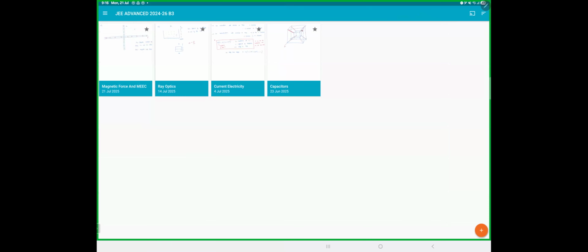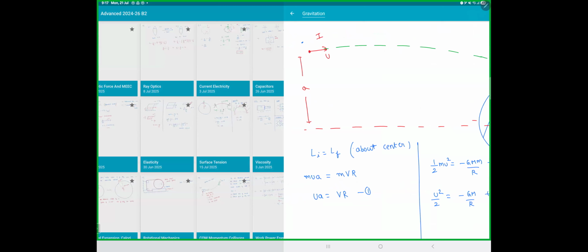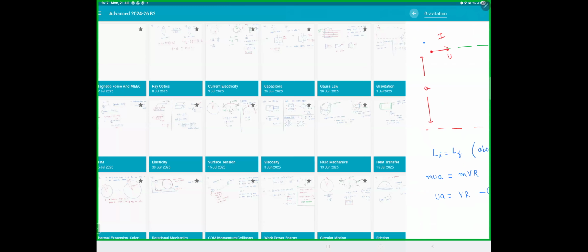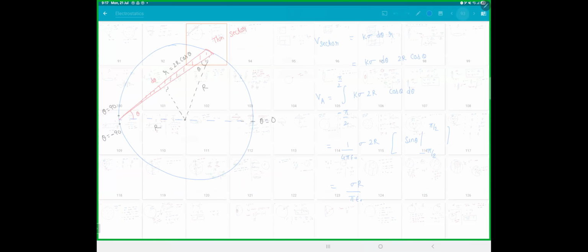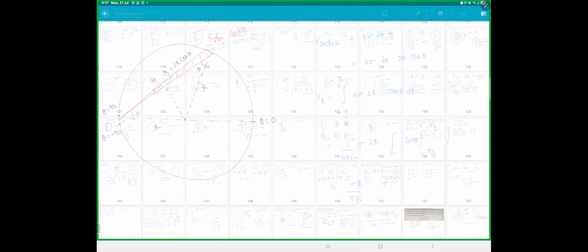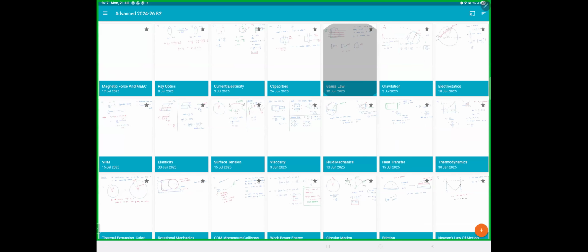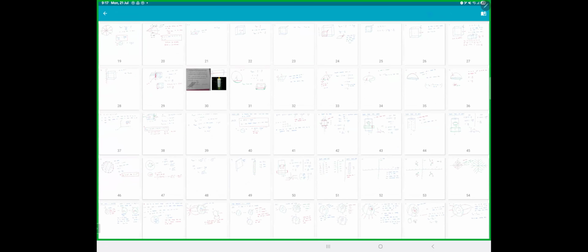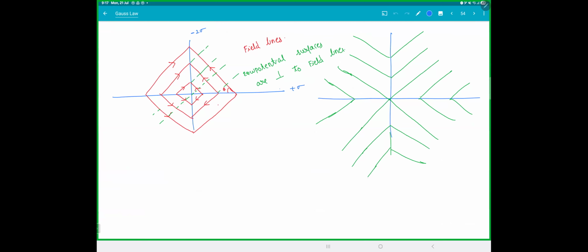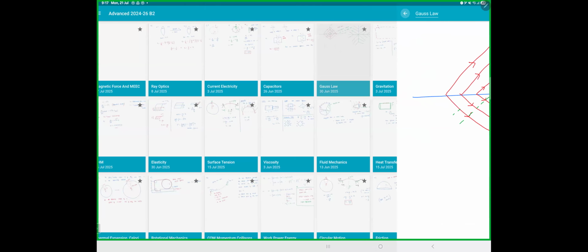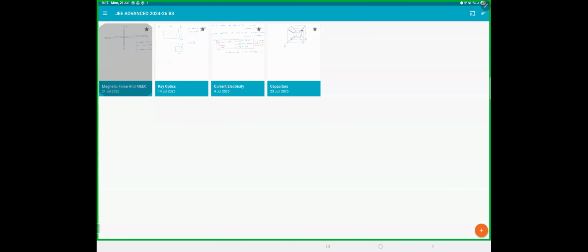It was in electrostatics. No, we did this in Gauss law. This question. Remember this? Field lines and the equipotential surfaces. Get this, you got a minute.